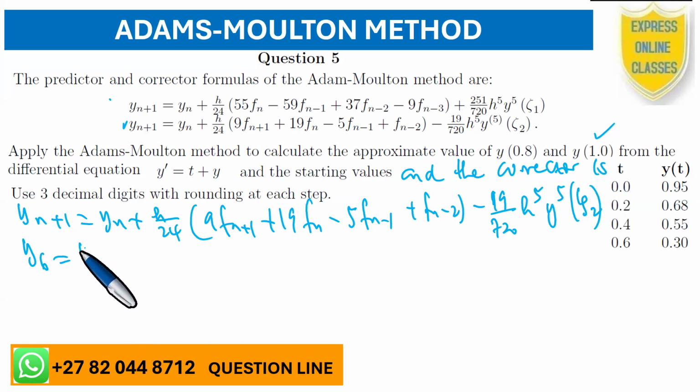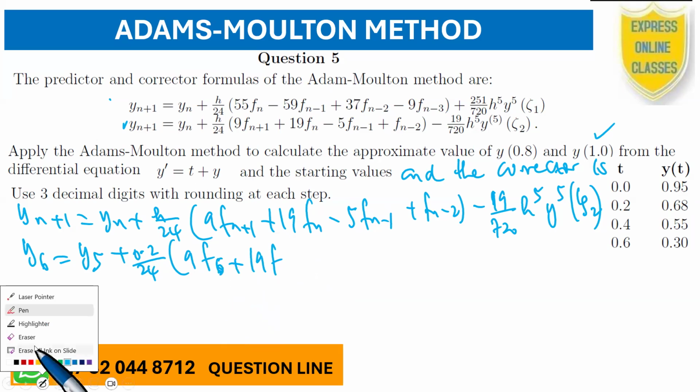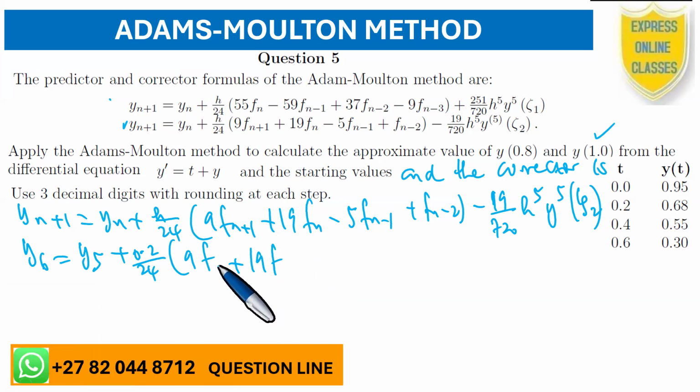So the y6 is going to be y5 plus 0.2 divided by 24, times 9 f6, and now you have an F5 here, F4, and then F3.